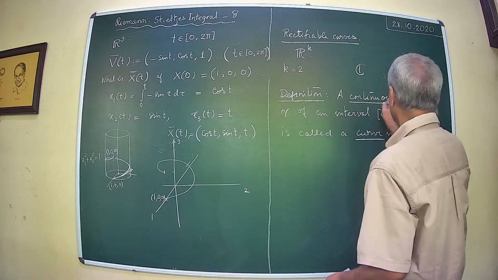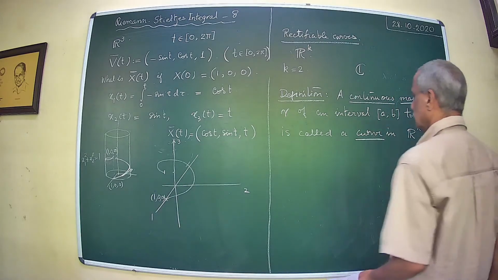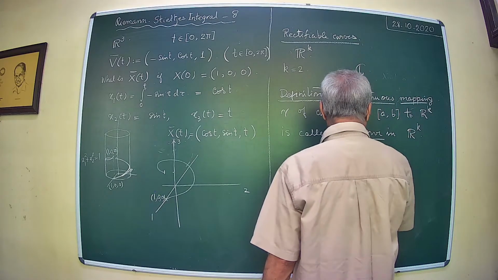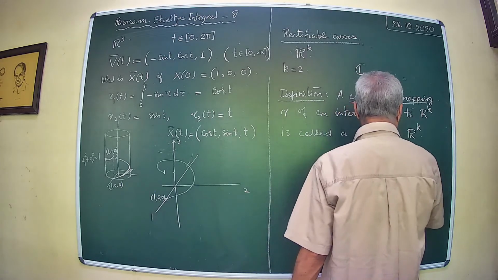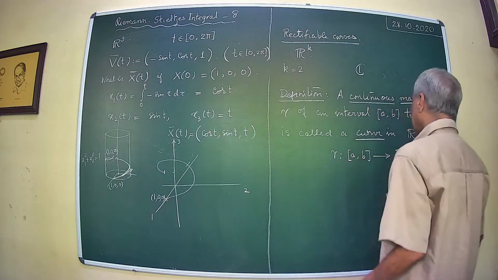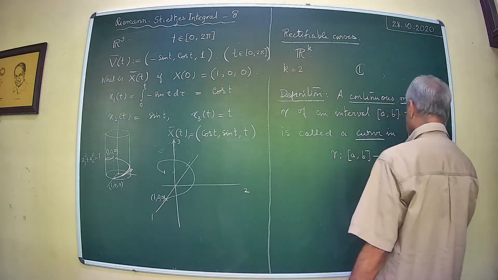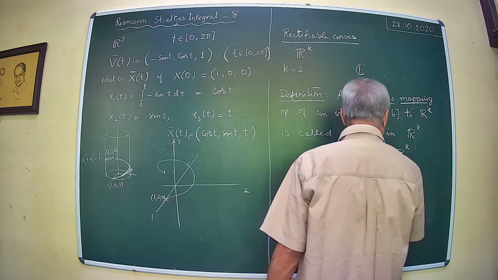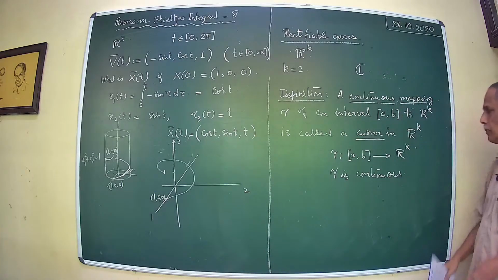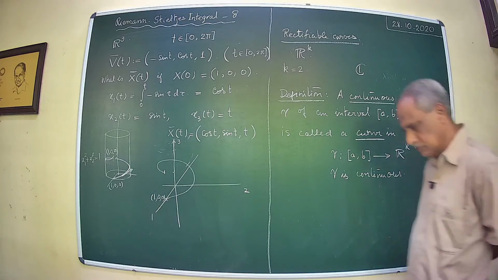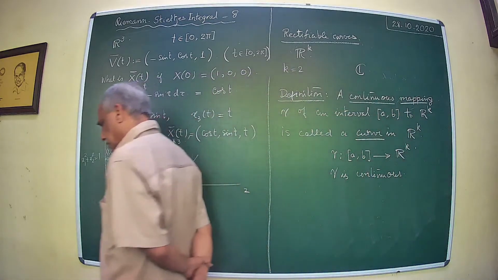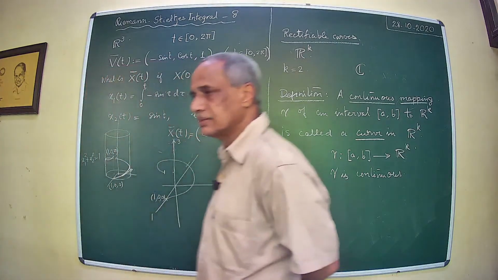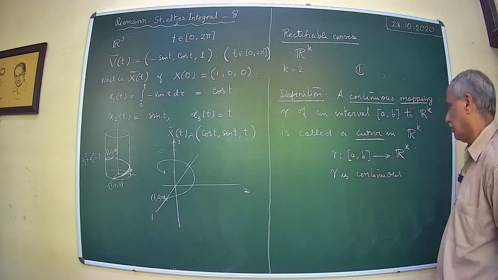The condition that we impose is that it should be a continuous mapping. So every continuous map from some interval [a, b] to R^k will be considered a curve in R^k.